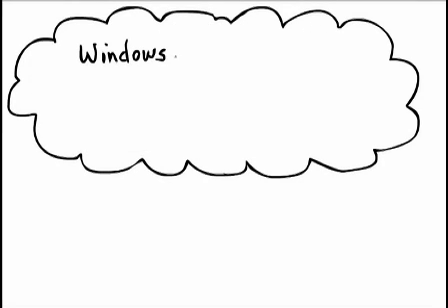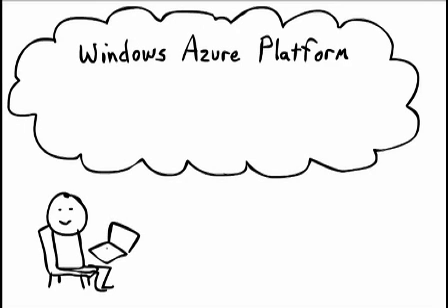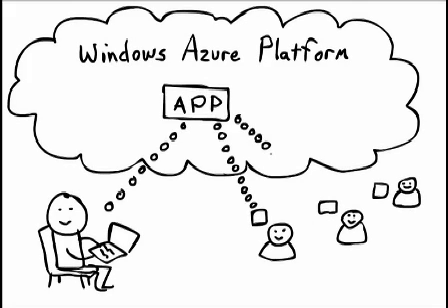The Windows Azure Platform supports some exciting scenarios. Imagine that you write a web application. With the Windows Azure Platform, that application can easily scale from serving a few users to serving many. This capability is available to anyone, regardless of company size or current IT resources.